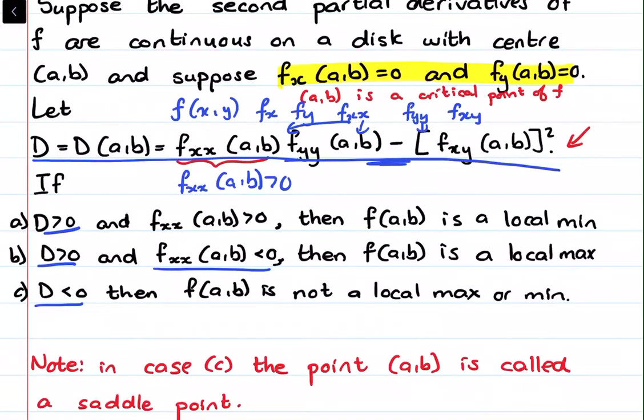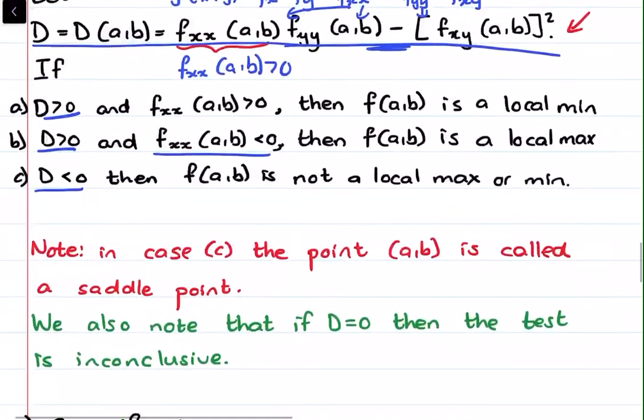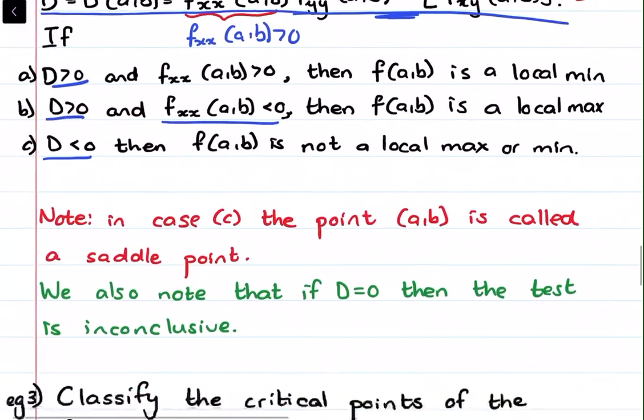If we were sketching these functions, you would realize that at this specific value, it looks like a saddle, what you put on the horse and sit on, okay? So we can also deduce that if D is equal to 0, then the test is inconclusive. So we cannot conclude anything about the test.